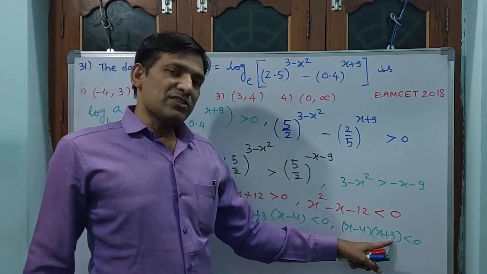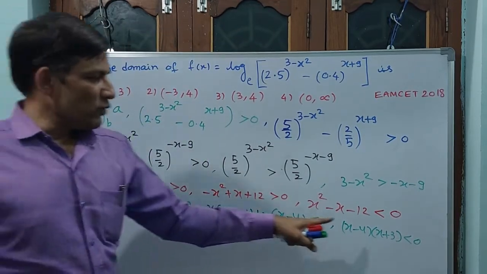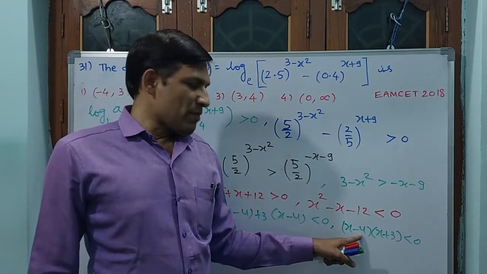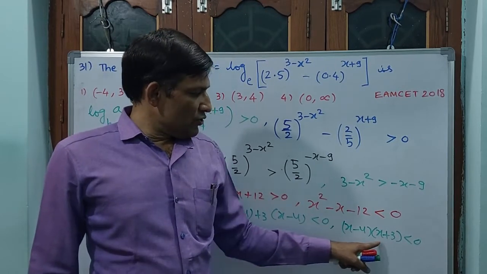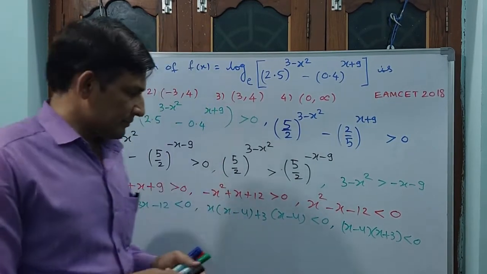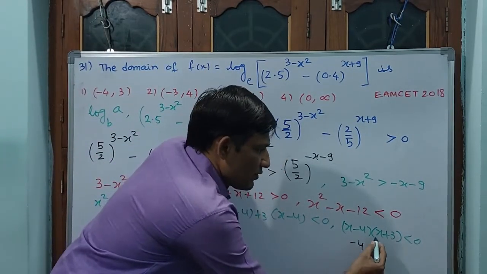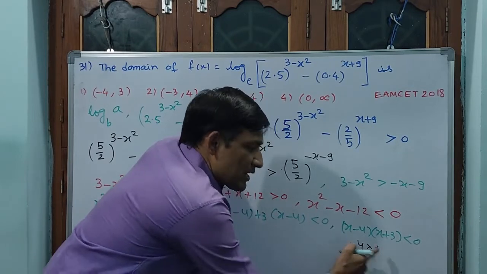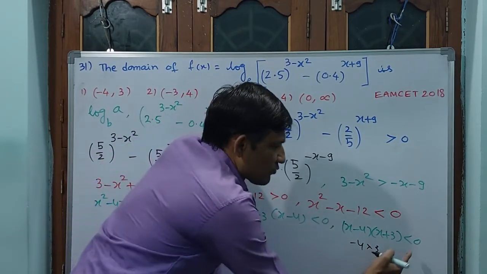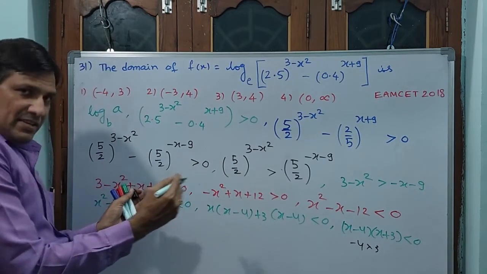See, minus 3 to plus 4, in between 0 will come. 0 if you give here, 0 minus 4 is minus 4, 0 plus 3 is 3, minus 4 into 3 is minus 12, minus 12 is less than 0. That means you have to give between these.